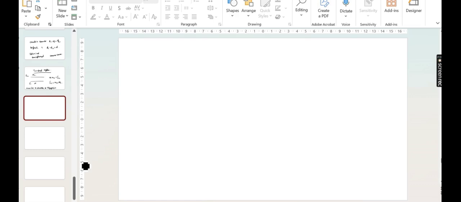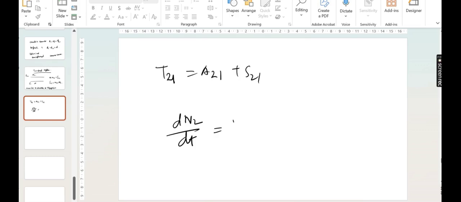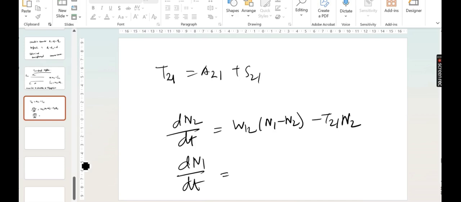And the number of atoms going through spontaneous emission would be T21 N2, which includes radiative and non-radiative transitions. So dN2/dt, the number of atoms changing with time, is W12 (N1 minus N2) minus T21 N2, and dN1/dt is W12 (N2 minus N1) plus T21 N2.